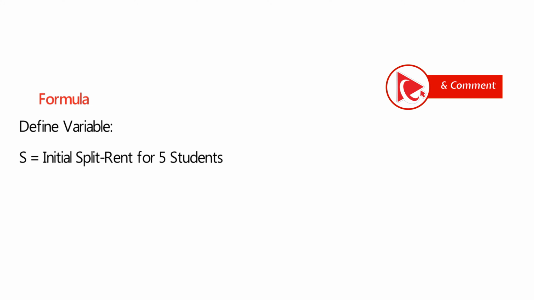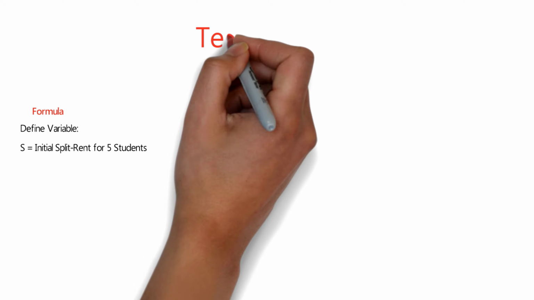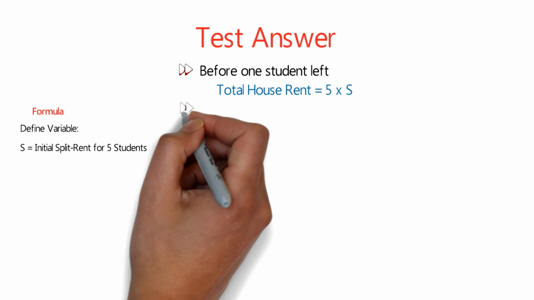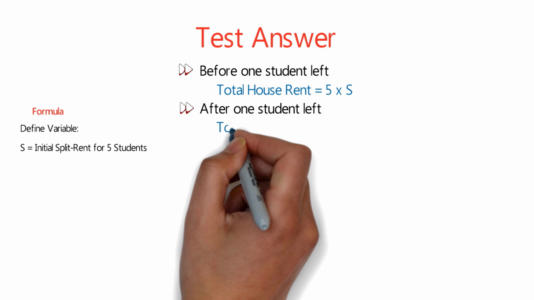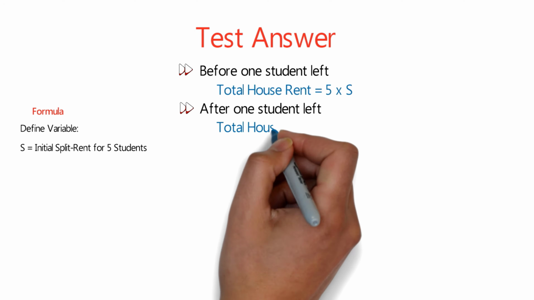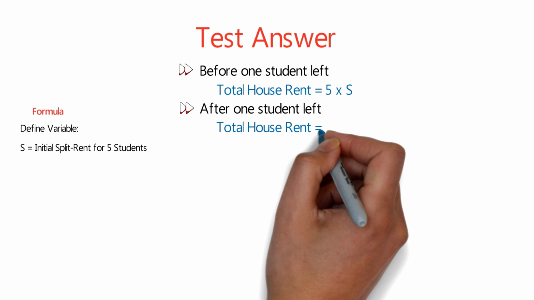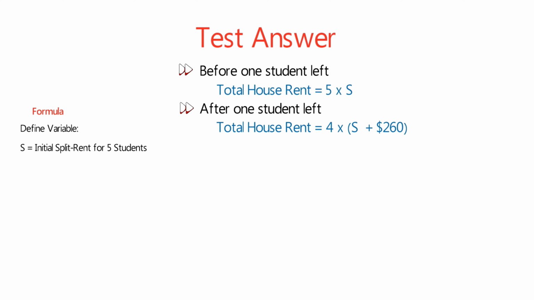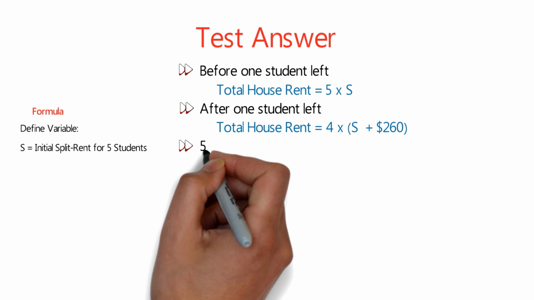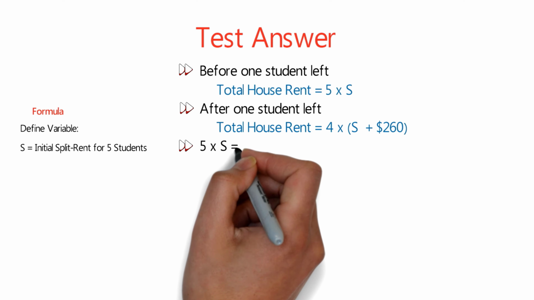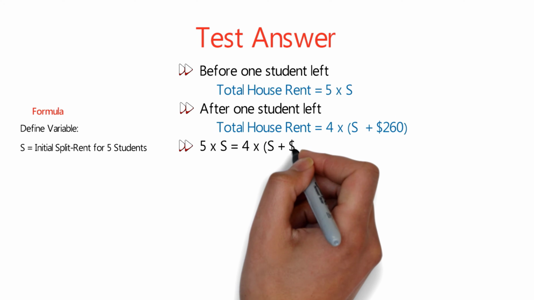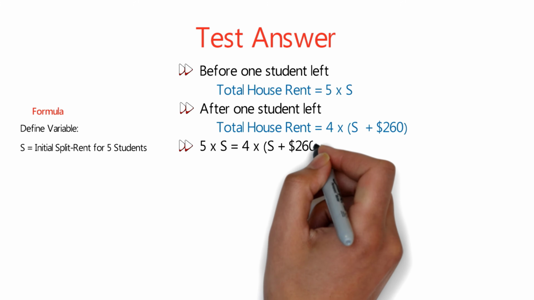So, using this formula, we can calculate the total house rent as 5 multiplied by S, which means that after one student left, the total house rent could also be calculated as 4 multiplied by (S plus $260). Using both approaches, we can create an expression: 5 multiplied by S equals 4 multiplied by (S plus $260).